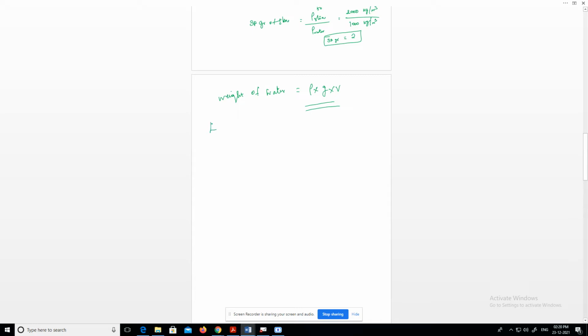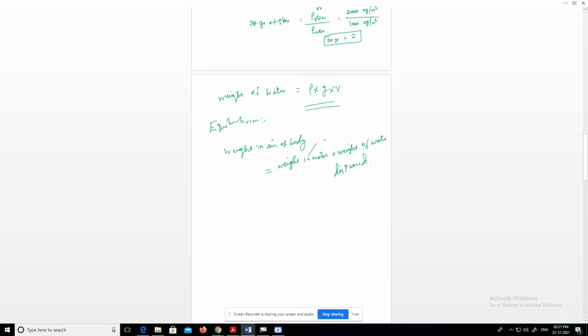In equilibrium conditions, the weight in air of the body is equal to weight in water plus weight of the water displaced.